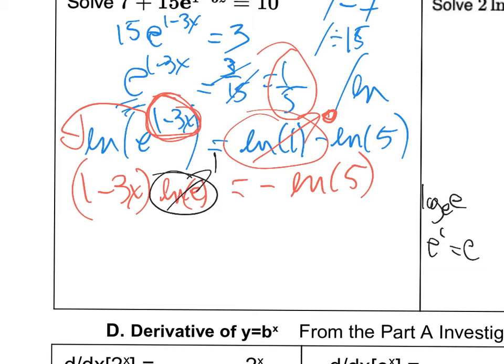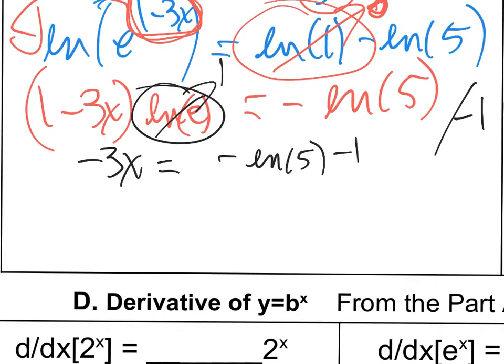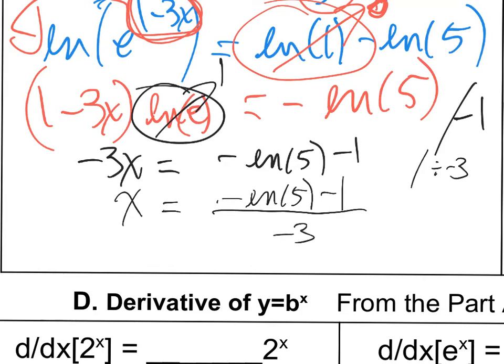So now I can subtract 1 on both sides, and I'm going to have negative 3x equals minus ln 5 minus 1. Then I can divide by negative 3 on both sides. x equals negative ln of 5 minus 1, all over negative 3.